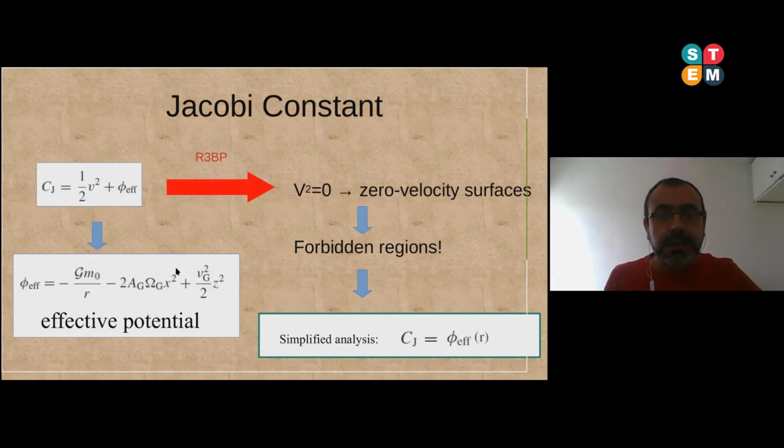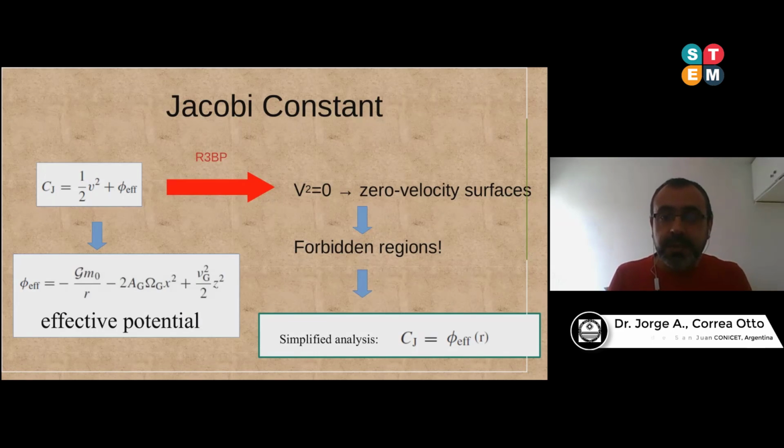And like in the restricted three-body problem, we can define zero velocity surfaces, which are responsible for the existence of forbidden regions.